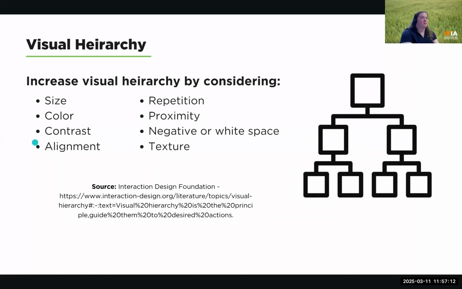This alignment we'll talk a little bit more about in further slides. That just refers to where things are aligned on your page. And then also by changing or thinking about patterns like repetition, proximity, that's going to refer to how close things are to one another. Negative or white space, we'll talk quite a bit about how to use space in our designs here in a couple slides.